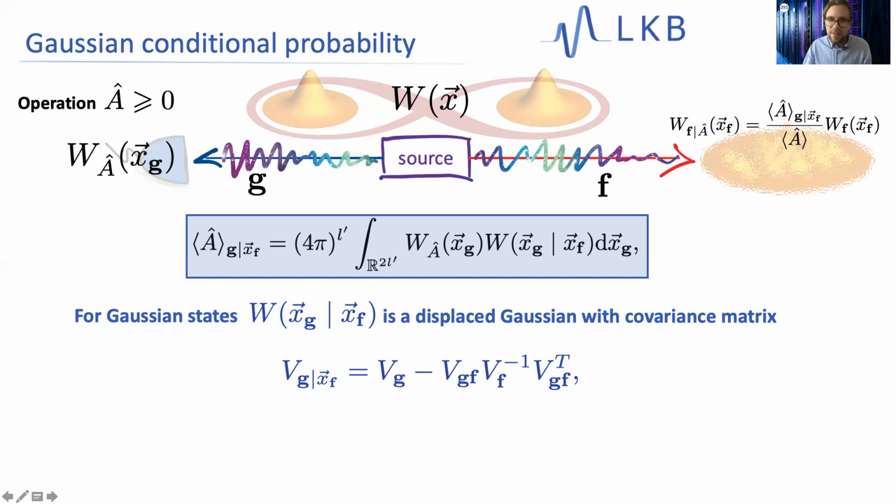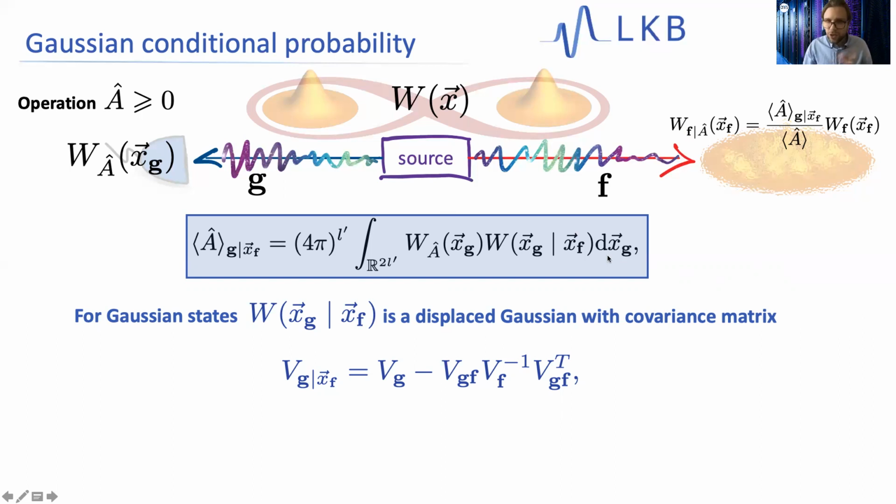And it's just given by this Schur complement, where basically this is a Schur complement of the global covariance matrix, so the covariance matrix of the full state, where now VG denotes a covariance matrix that describes only the modes G. VF describes the covariance matrix that only describes the modes F. Then this VGF is actually the part of the covariance matrix of the global state that contains all of the correlations between the modes F and the modes G.